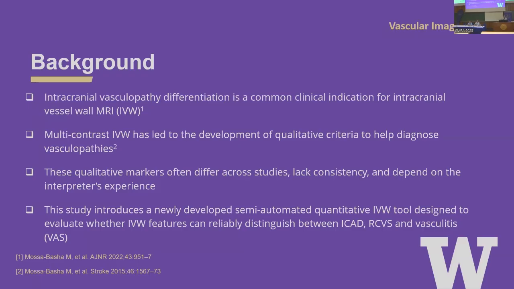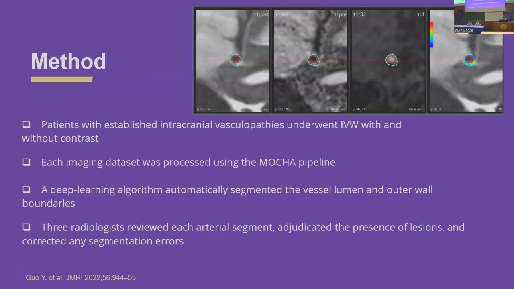So in this study, what I've always wanted to do is look at quantitative features to differentiate these vasculopathies, and that's what we did here with one of the software programs that Trun was talking about earlier, MoCA. We looked at clinically defined cases of intracranial vasculopathy, specifically atherosclerosis, vasculitis and RCVS, and we processed the imaging through this MoCA pipeline.